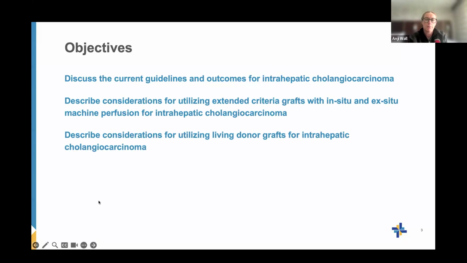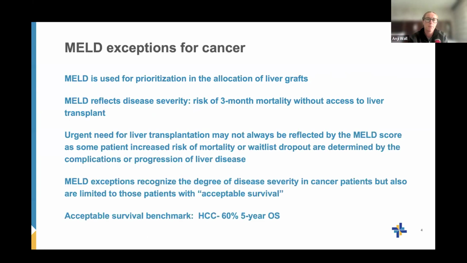And then finally, I'm going to switch gears and talk about consideration for living donation in liver grafts for intrahepatic cholangiocarcinoma. And my hope is that through this talk, I convince you that there are actually different considerations between the deceased donor grafts and living donor grafts because they truly come down to a different ethical analysis.